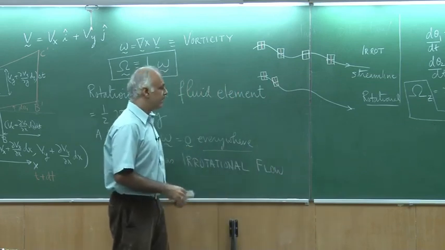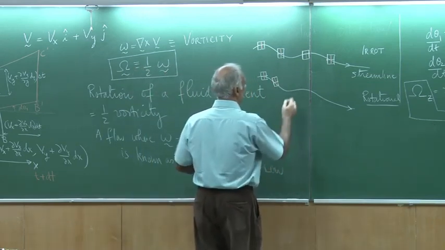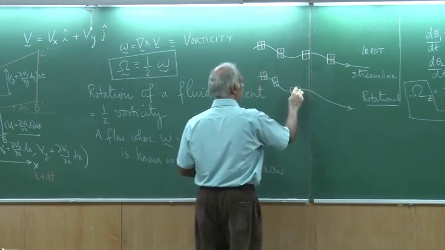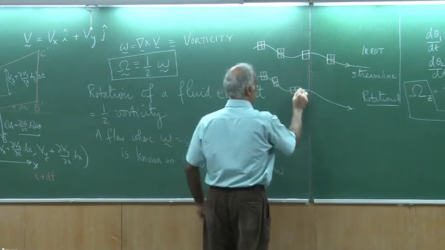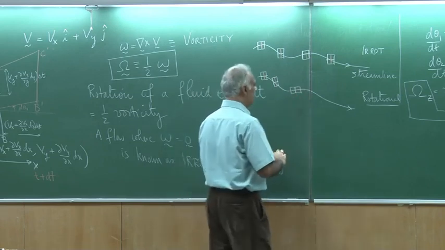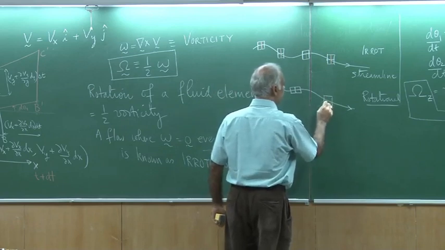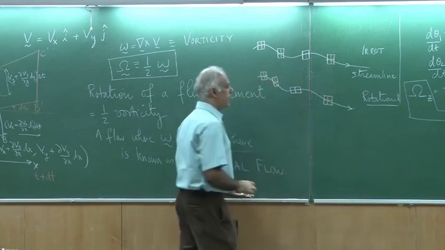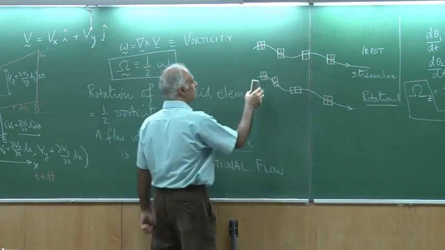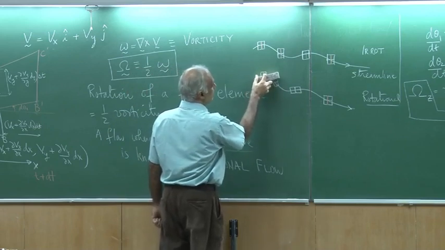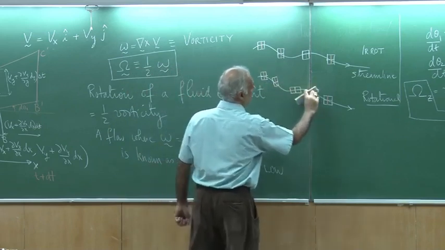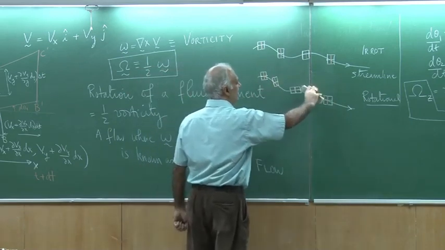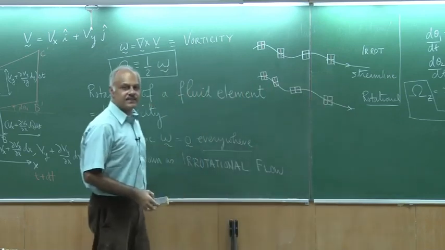See, it has rotated, and maybe after some time it actually does this. And maybe after some time it does the other way, it rotates even further, and then I get an element like this. So, essentially what the fluid element is doing is, it was something like this, and then it completely rotated and it did this. So, a rotational flow actually means that the fluid is rotating about its own axis.